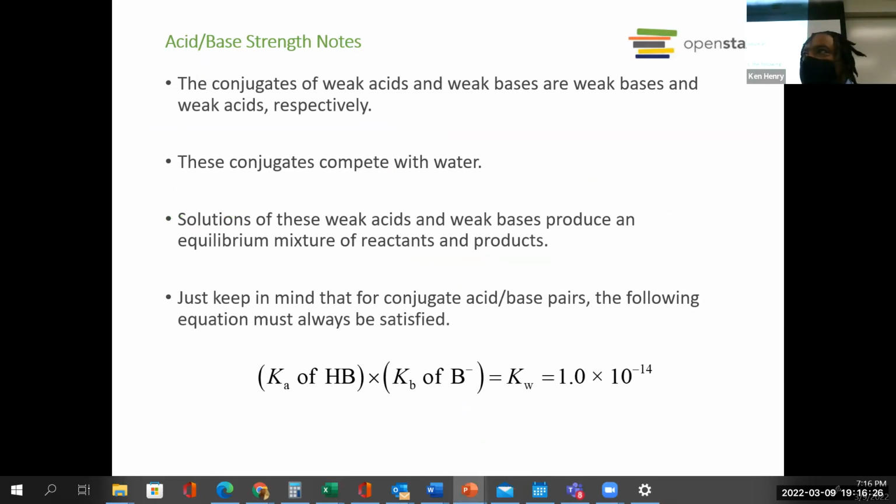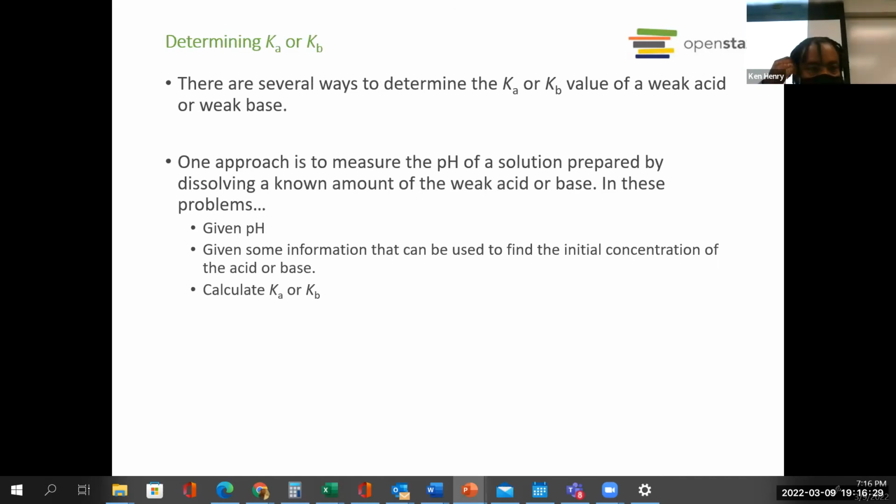Okay, so let's move forward. There are several ways to calculate or to determine the Ka or the Kb of a weak acid or weak base. I'm going to show you a couple of those approaches.